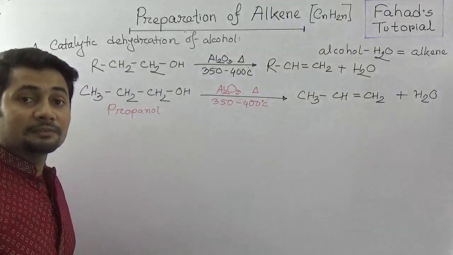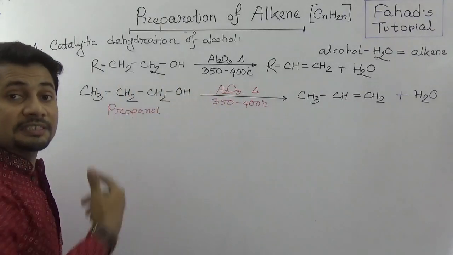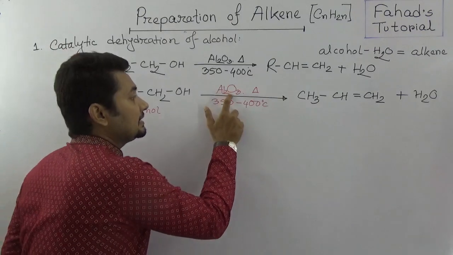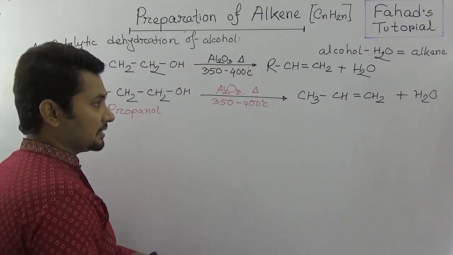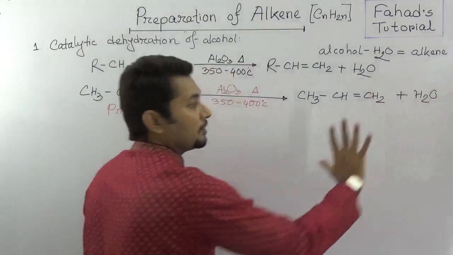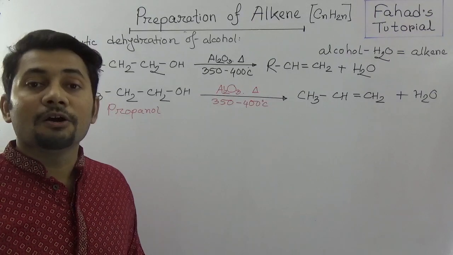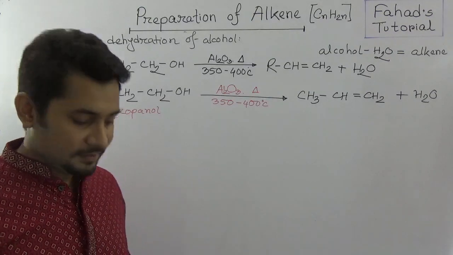As you see, water is removed from alcohol, and that is producing the corresponding alkene, and that is why this is called catalytic dehydration. This removal of water means dehydration, and this aluminium oxide or alumina is known as a dehydrating agent.